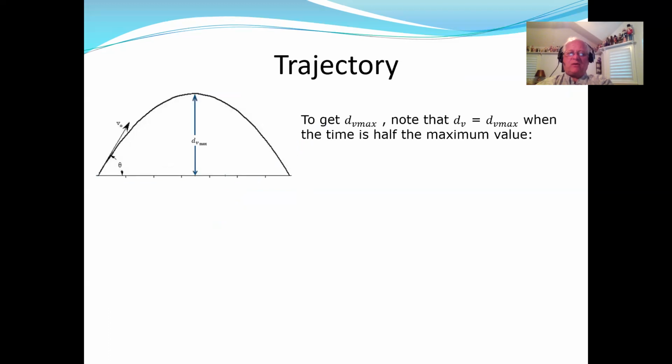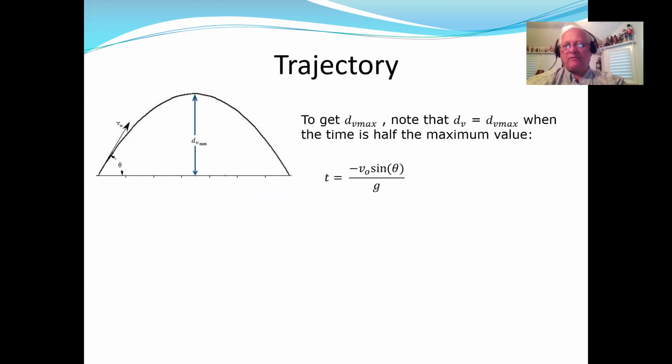Now, the next question we can ask is, what's the vertical maximum distance, which you see here on this graphic, the maximum height above the starting point. Because the curve is parabolic, and in this case, obviously, we're neglecting air resistance, which makes it parabolic, we can get the maximum vertical distance simply at a point of half the time of flight.